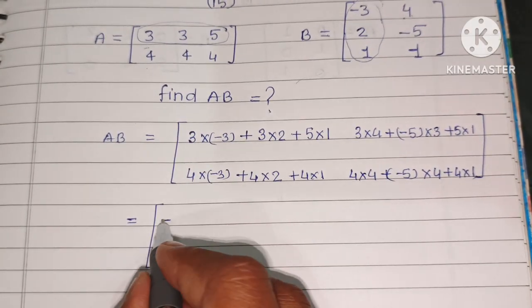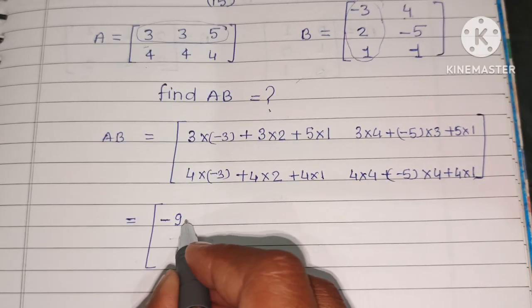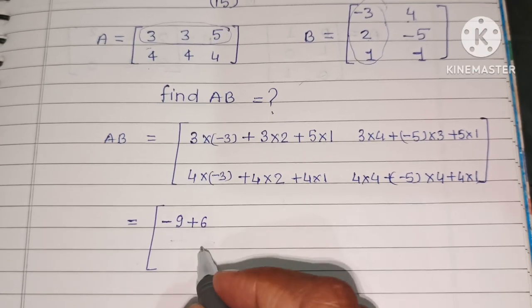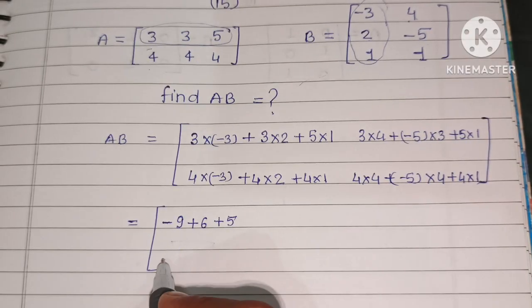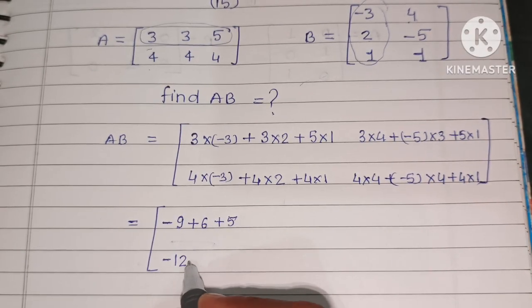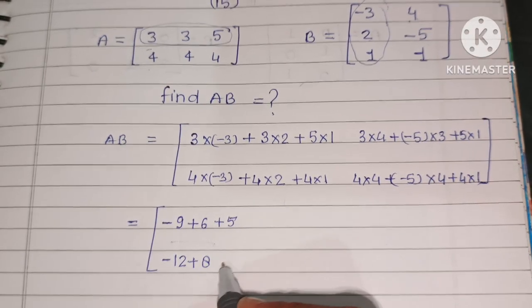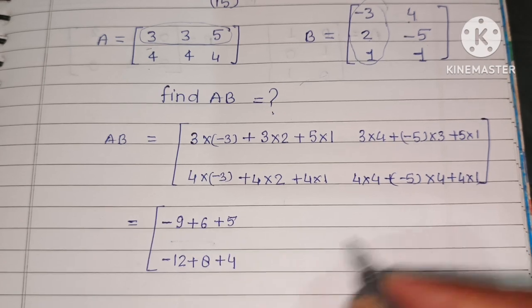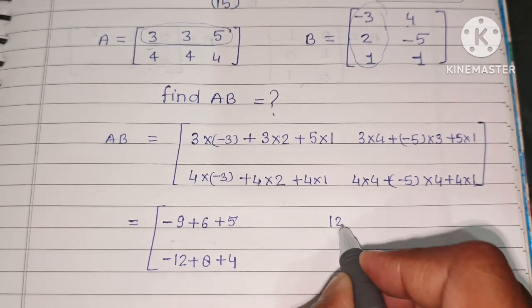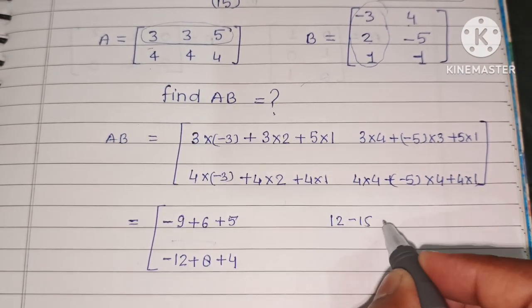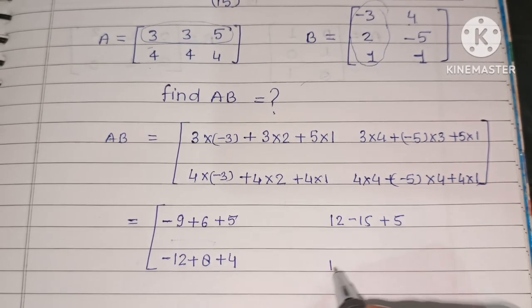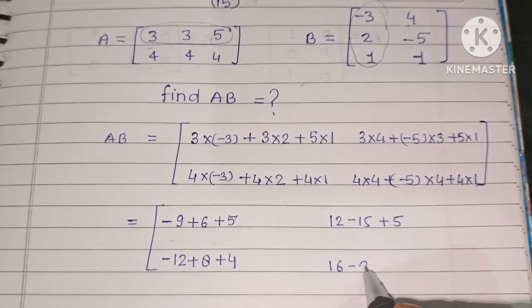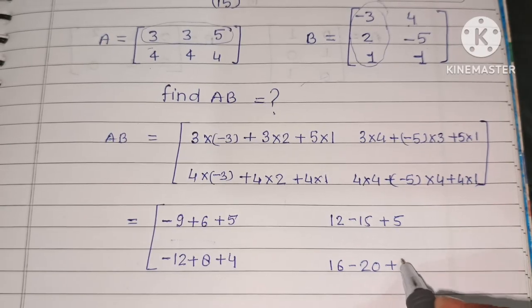That is 9, that is 6, that is 5, that is minus 12, that is 8, that is 4, that is 12, that is 15, that is 5, that is 16, that is 20, that is 4.